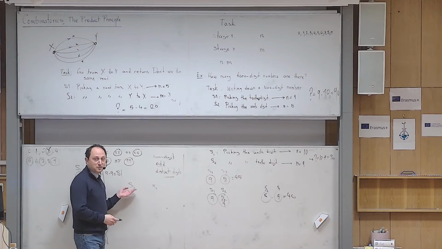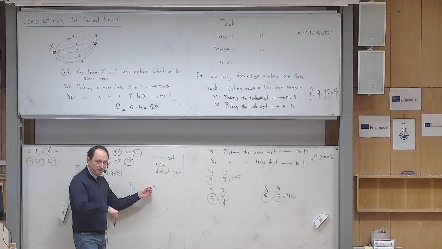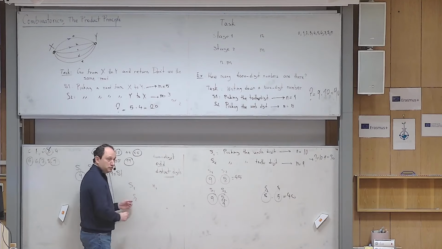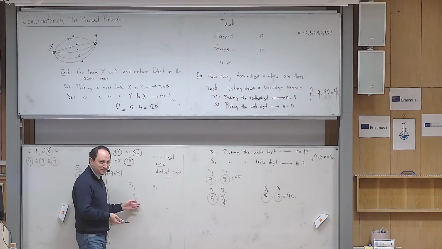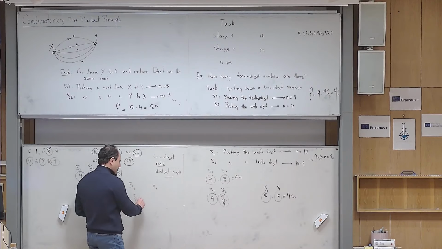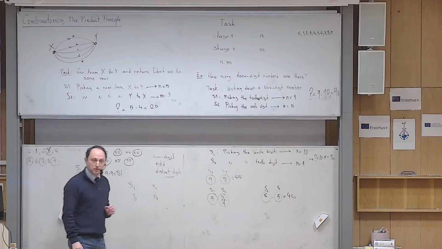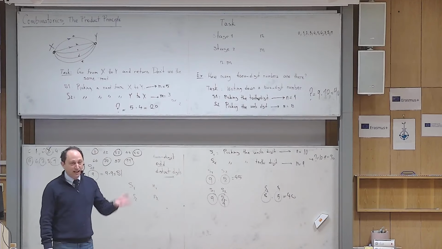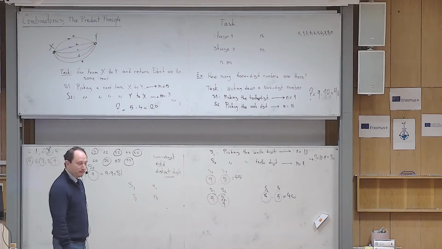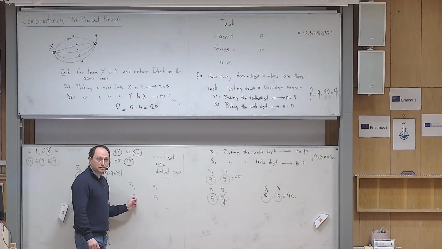If after stage 1 is done in one of these ways, stage 2, independent of how stage 1 is done, can be done in n2 ways, and when stage 1 and stage 2 are done, stage 3 can be done in n3 ways independent of how stage 1 and stage 2 are done.